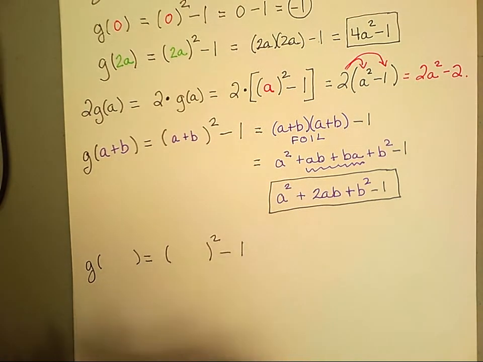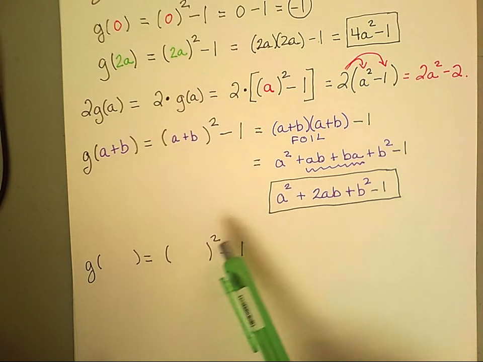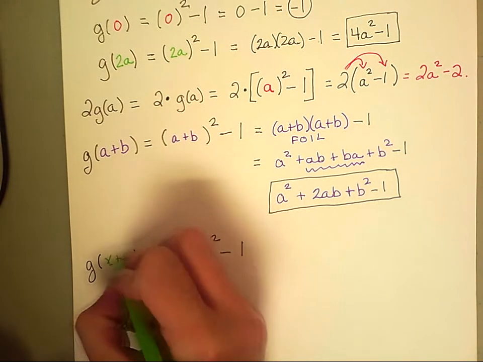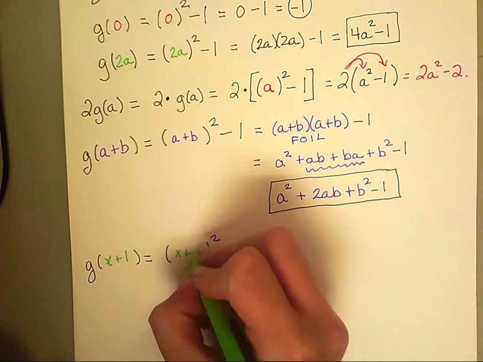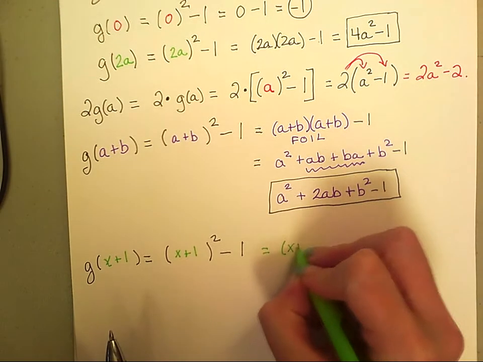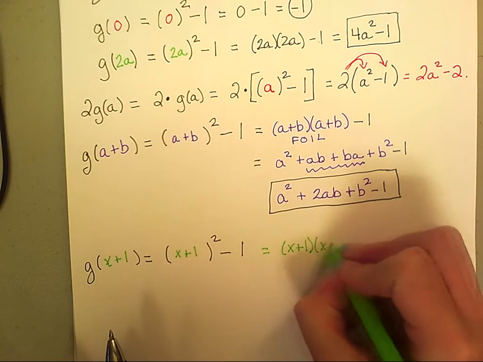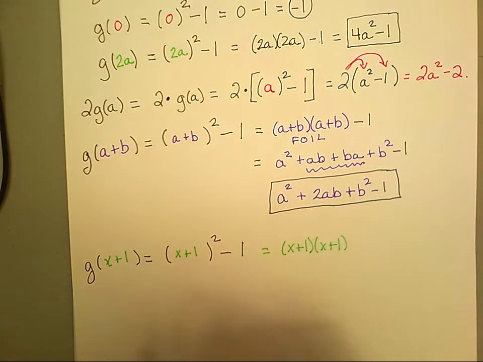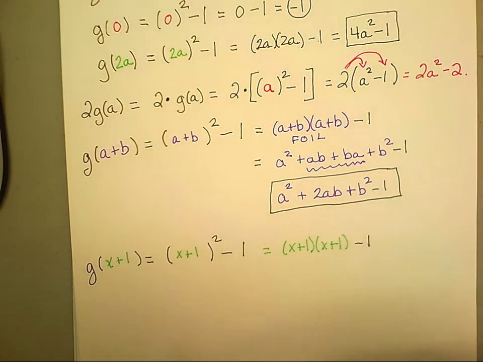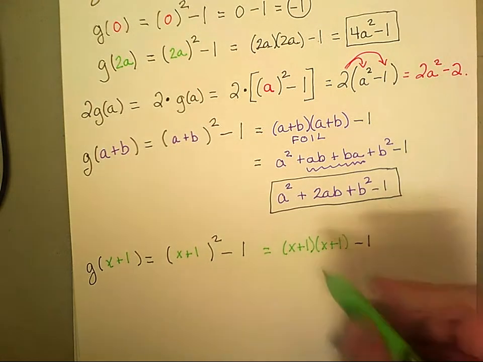Okay. Now whatever we're putting in here, remember it's going to be that squared minus 1. So what we're putting in now is x plus 1. So x plus 1 is what's going to have to be squared. And then we can subtract off the 1. Now remember, here we'll FOIL.